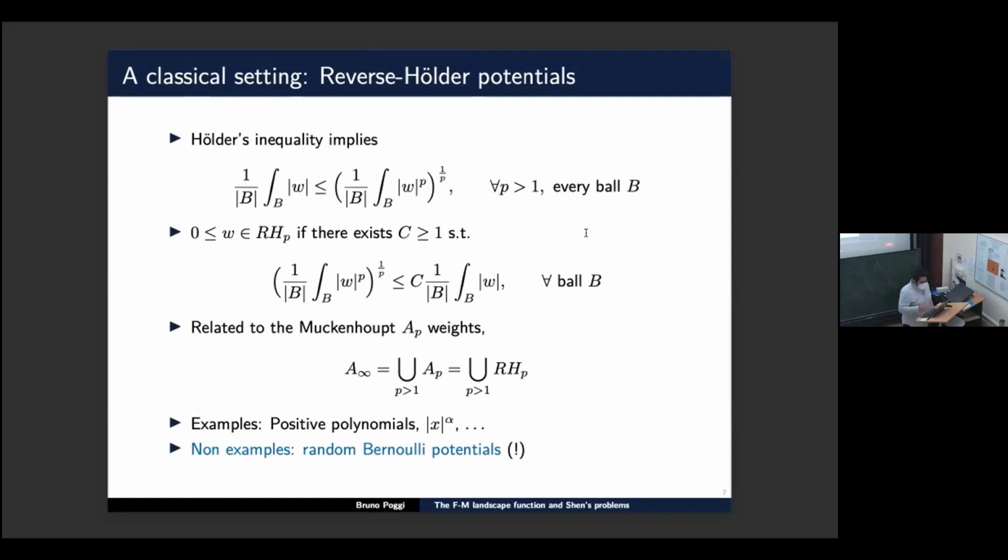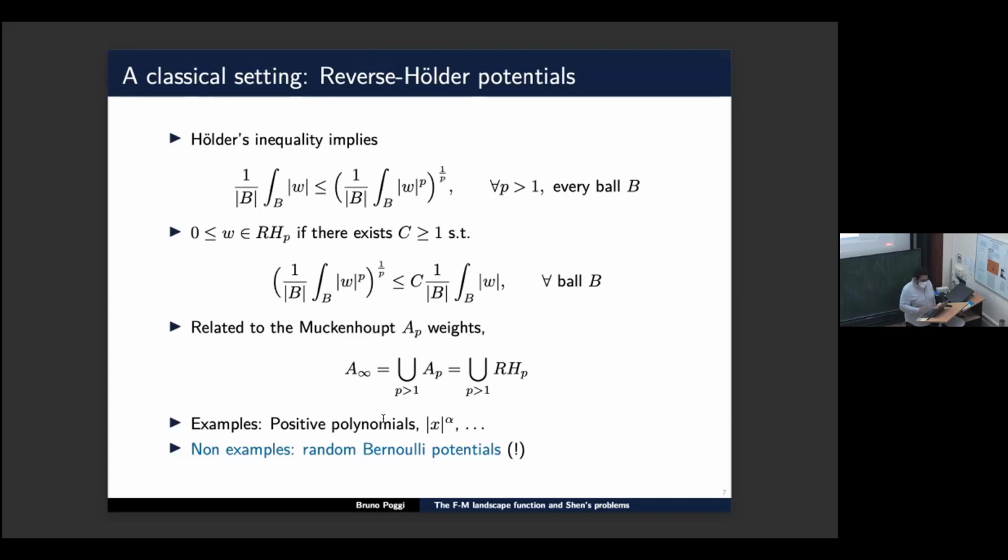So to do this very quickly, I want to specify the conditions that I'm going to put on the potential V, the zeroth order term in the equation. I'm just going to ask that it is in a reverse Hölder class of a certain exponent. Of course, the reverse Hölder class just means it satisfies a reverse Hölder inequality, related to the Muckenhoupt A-infinity weights.